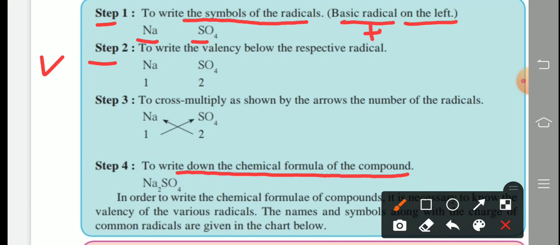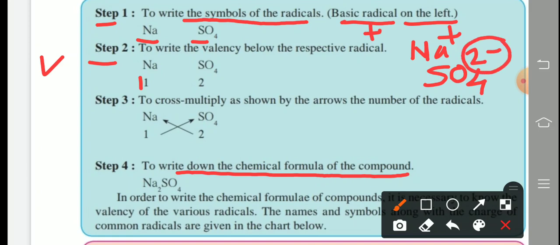So how to write the sodium ion? Na plus, valency is 1 here. And the sulfate radical? SO4 2 minus. This 2 minus is the valency, so we write the number 2. No need to mention positive or negative. So sodium shows the valency 1 and sulfate shows the valency 2.